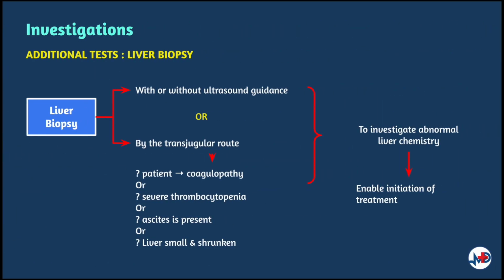An additional test that can also be done to confirm the diagnosis of hepatitis or cirrhosis is liver biopsy, which provides histopathologic findings suggestive of hepatitis. Liver biopsy can be performed percutaneously with or without ultrasound guidance or by the transjugular route. The latter is preferred if the patient has coagulopathy or severe thrombocytopenia.